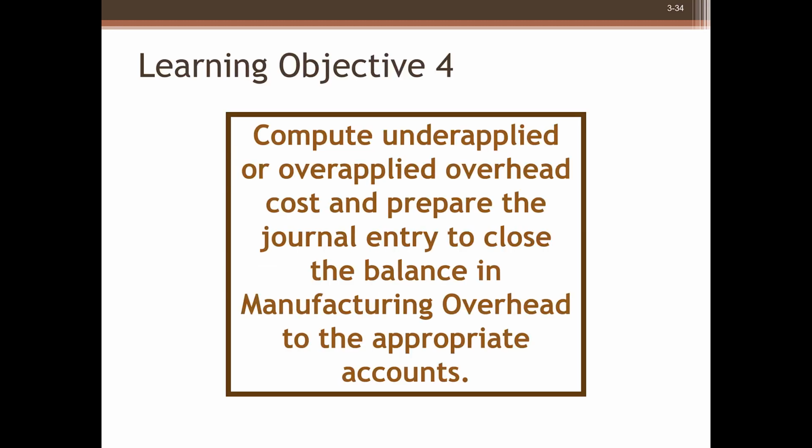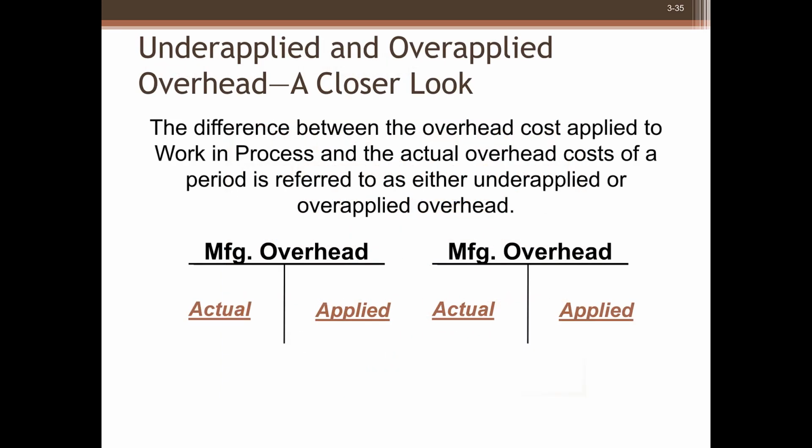Learning objective 4 is to calculate underapplied or overapplied overhead cost and prepare the journal entry to close the balance in manufacturer overhead to appropriate accounts. For manufacturer overhead, we mentioned the left-hand side is the actual amount of MO. The right-hand side is applied MO.